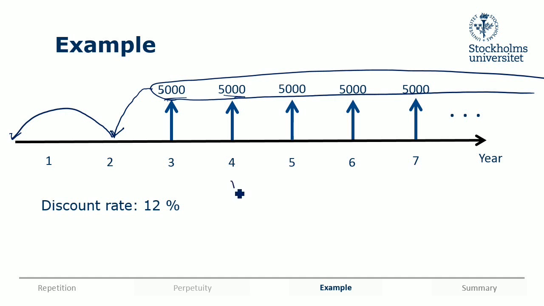We take 5,000 and use the formula and multiply with 1 divided by R, which is 12%. Which is 41,666.6667 approximately.